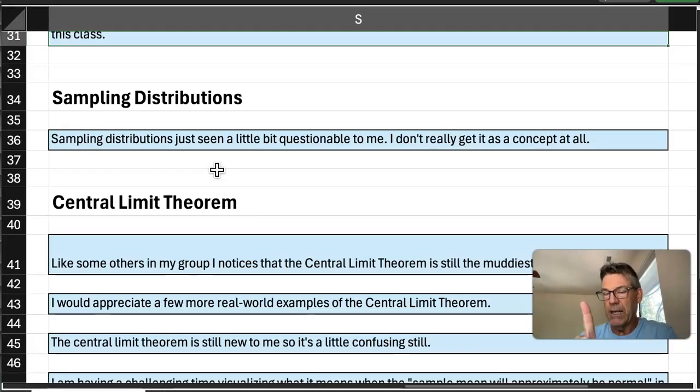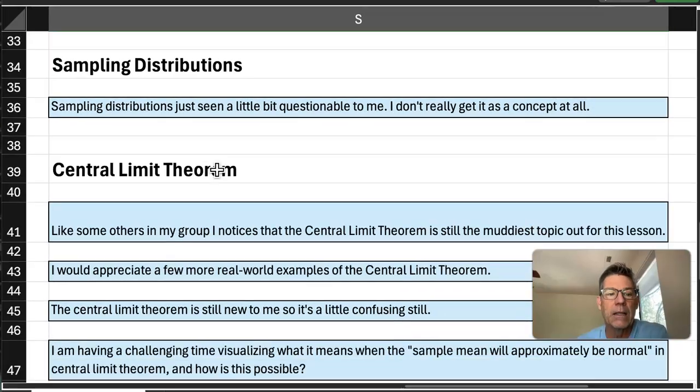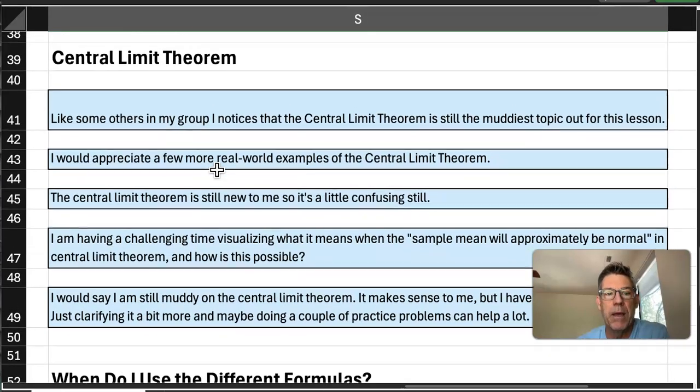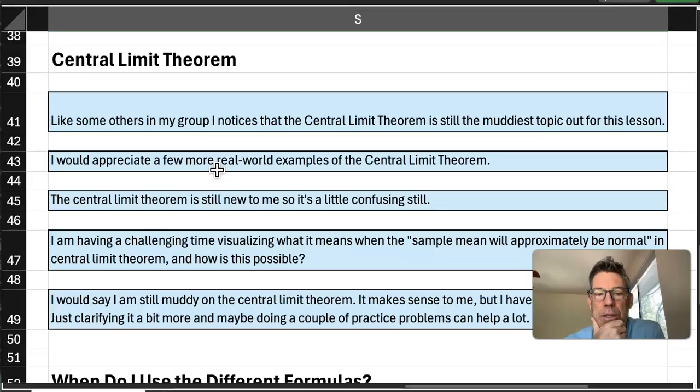Instead of just taking one person and looking at them and trying to measure them and understand them, we're going to take a group of people and calculate their sample mean, and we want to understand how normal or weird is that sample mean. That's why we care about sampling distributions, and then that's why we care about the central limit theorem. Okay, so that's our next topic here, and as you can see, this is the main place where people have questions.